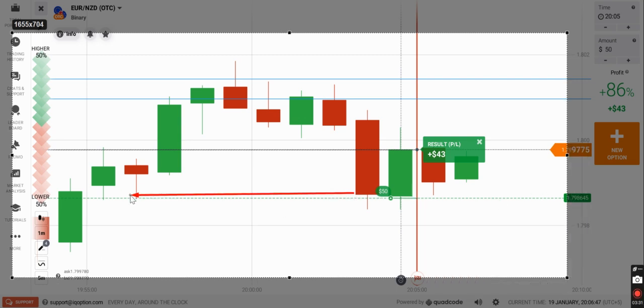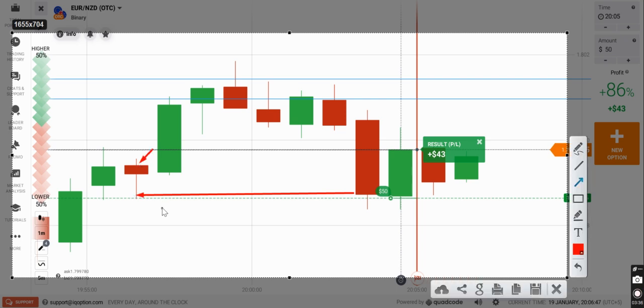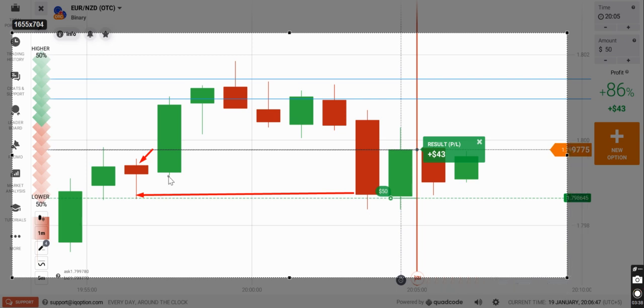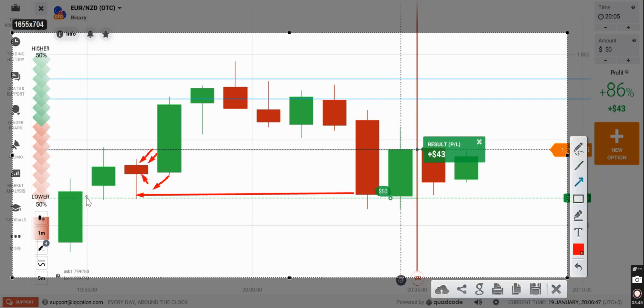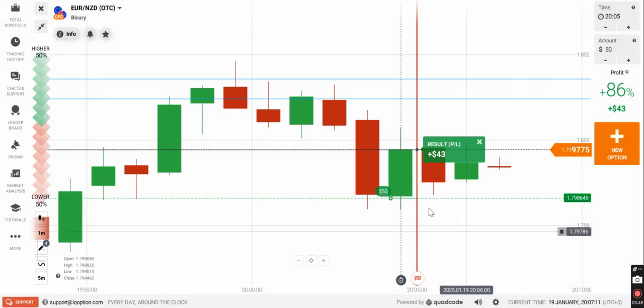This area is very much important. It is giving you support confirmation, an order block confirmation, a hammer confirmation, and a fair value gap confirmation. So you need to take your trades like this.